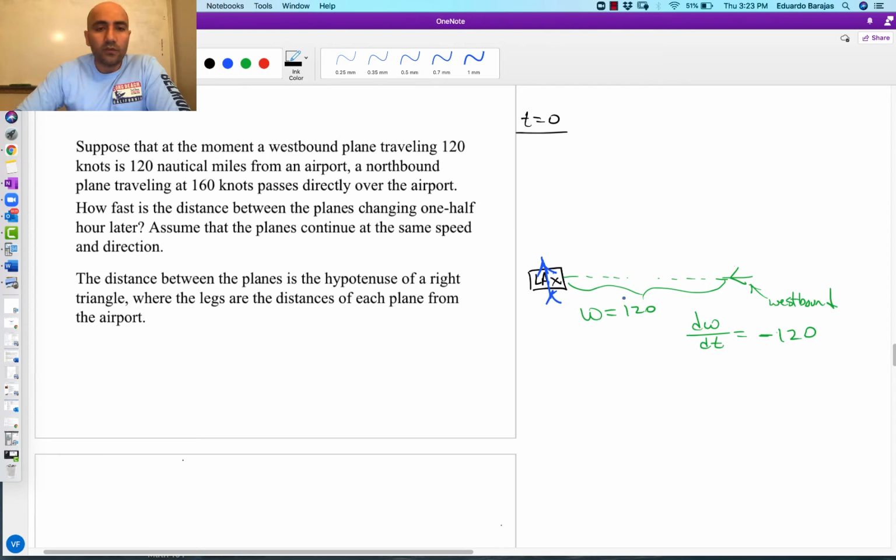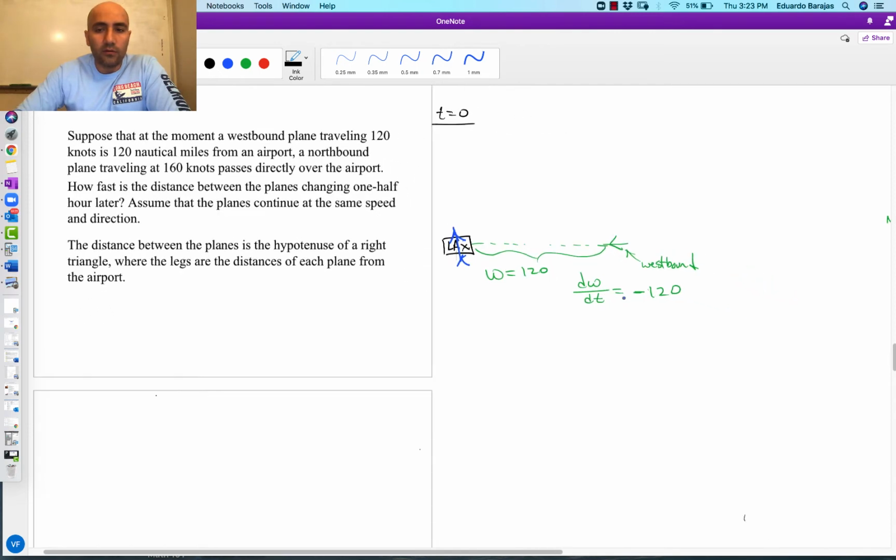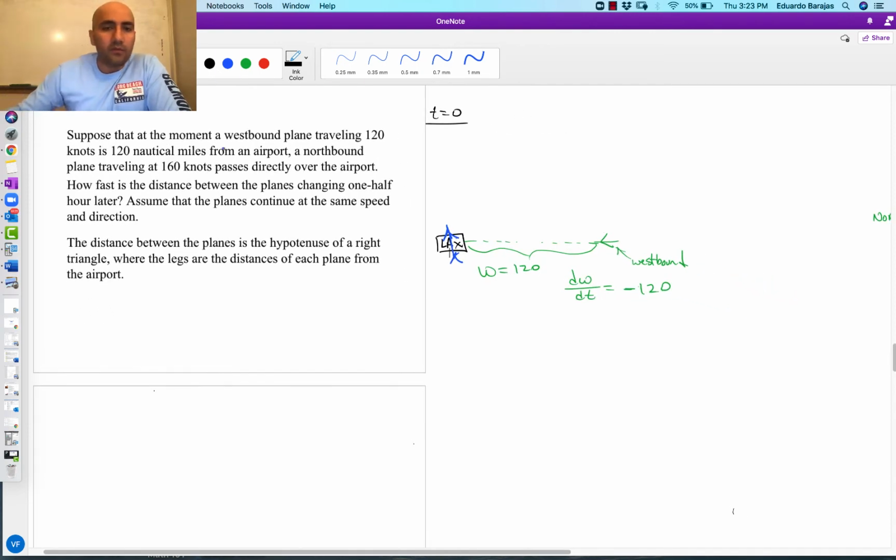So let's scoot out a little bit more, and let me draw another scenario over here, because we have another case when LAX is here.